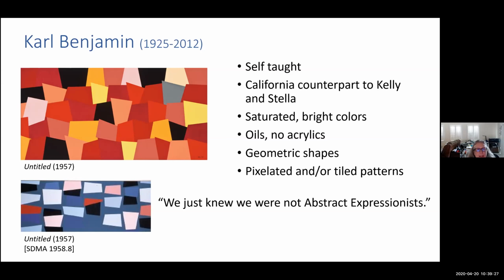So he's kind of the California edition of Ellsworth Kelly and Frank Stella that we're going to look at in a minute. As you can see, he uses these bright saturated colors. He used oils. He did not like acrylic paint. He preferred oil paint. And again, we see geometric shapes. These are all in both of these paintings.